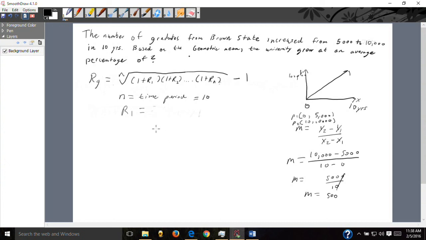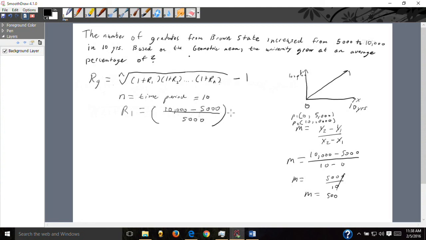Well, what we do is that we're going to take 10,000 minus the 5,000 and divide it by the original population, because here we're going to find a rate.